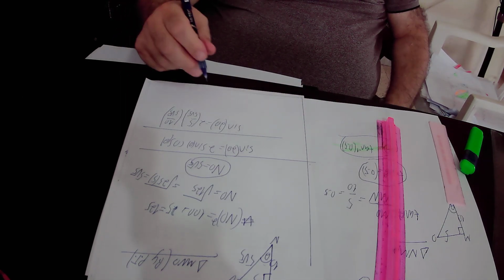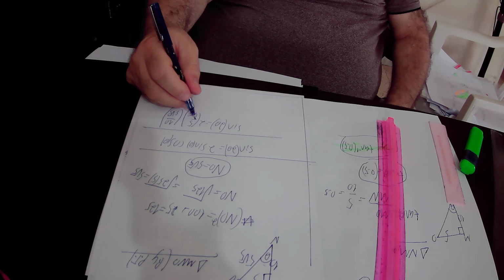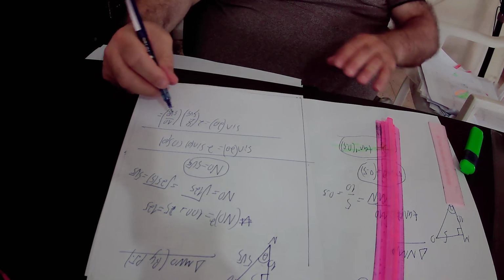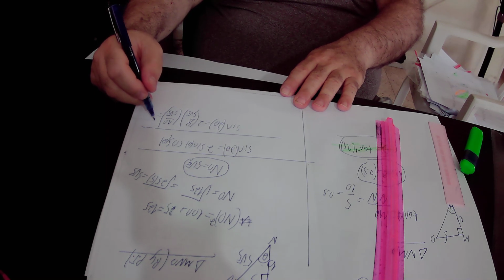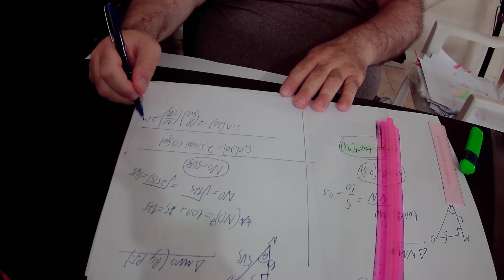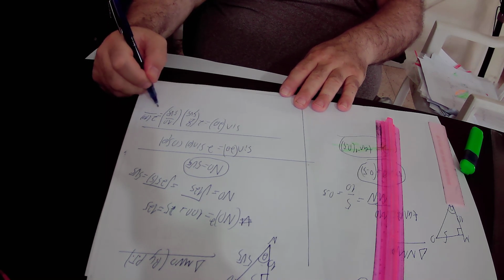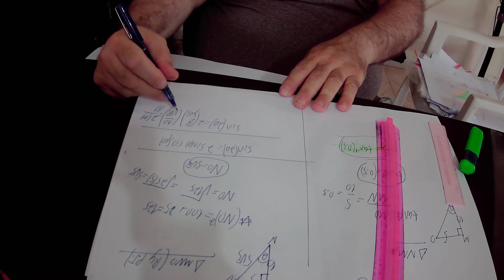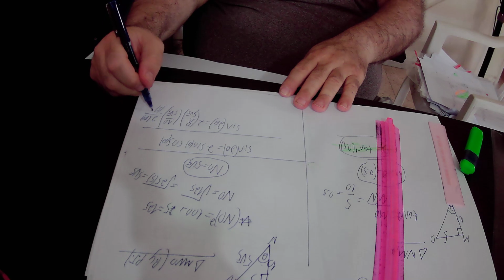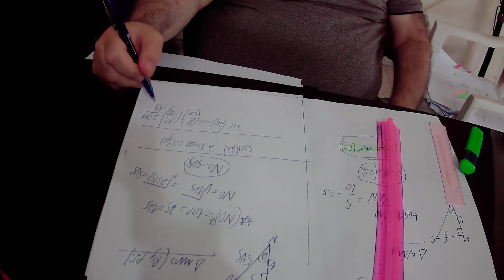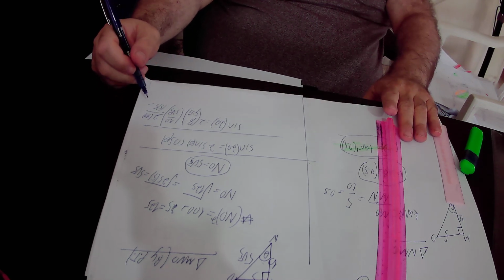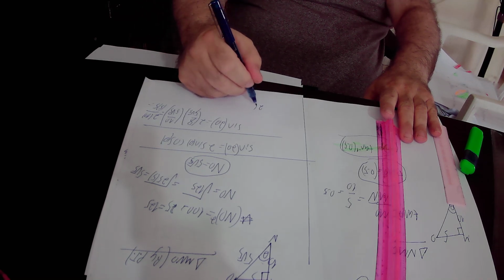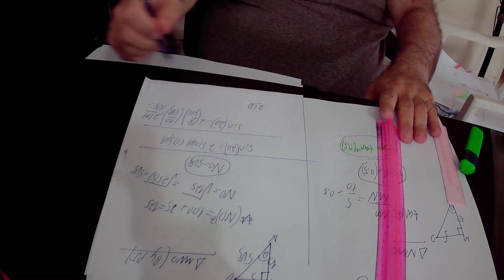So here we have 5 in the numerator and 5 in the denominator, so 5 will get cancelled. So in the numerator we have 10 times 2. In the denominator we have square root of 5 times square root of 5, which is 5, and we also have 5 here. 10 over 5 is 2, so in the numerator we have 2 times 2.